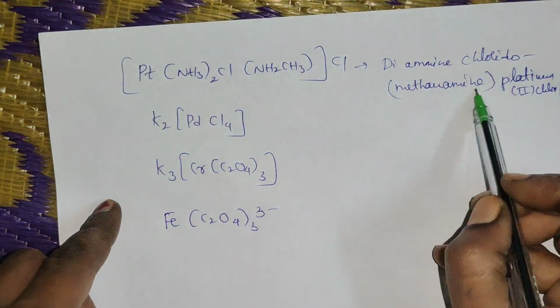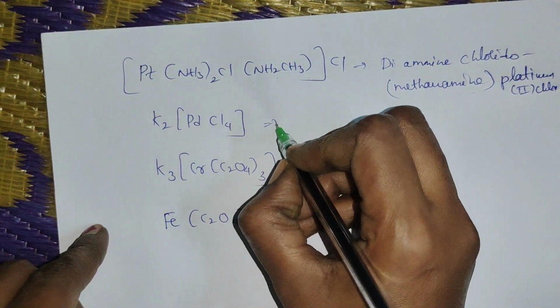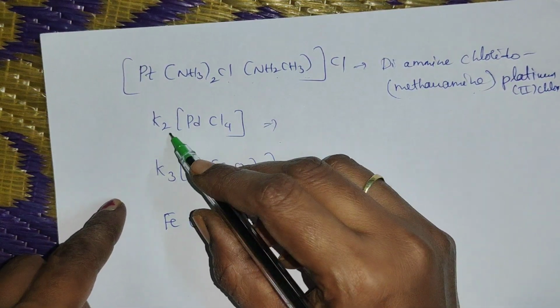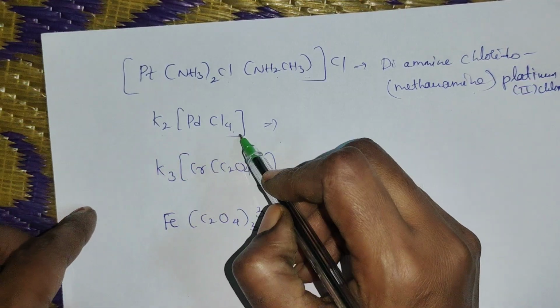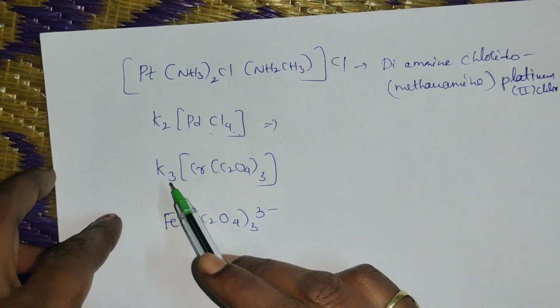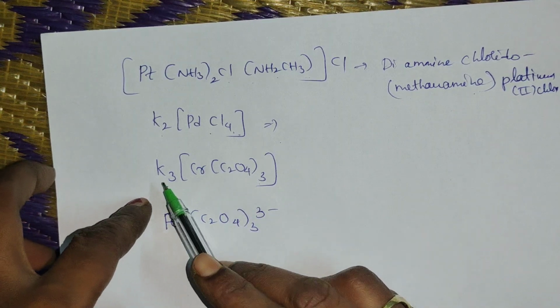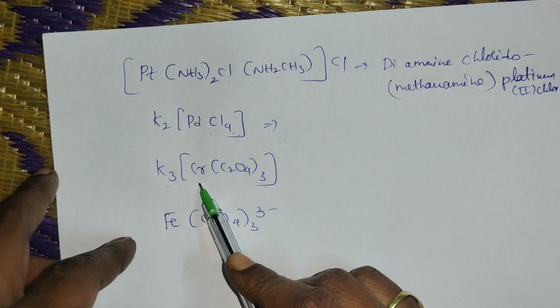Next, what is the name of this, beta? Here you may write methylamine in place of methanamine, that is also correct. Don't worry. Next, once you check, potassium tetrachloro. Why? Because positive first, right? Potassium tetrachloropalladate(II). After that, what is the name of this one, beta? Positive ion first, meaning potassium trioxalatochromate(III).